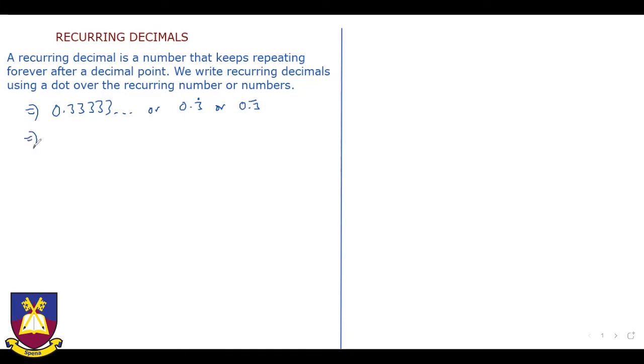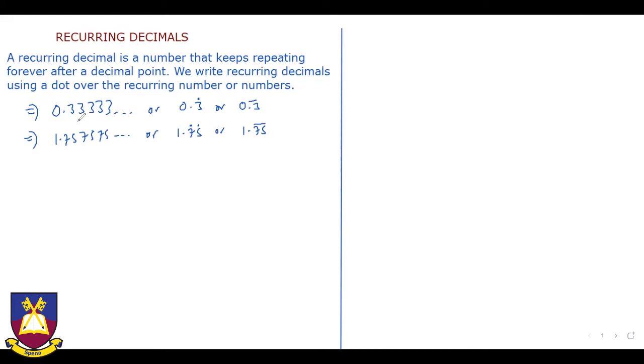We have another number like 1.757575 and so on. This is also a recurring decimal, and we can as well write it using dots. 1.75, we shall put a dot on 7 and 5, or we could just say 1.75 and put a bar.